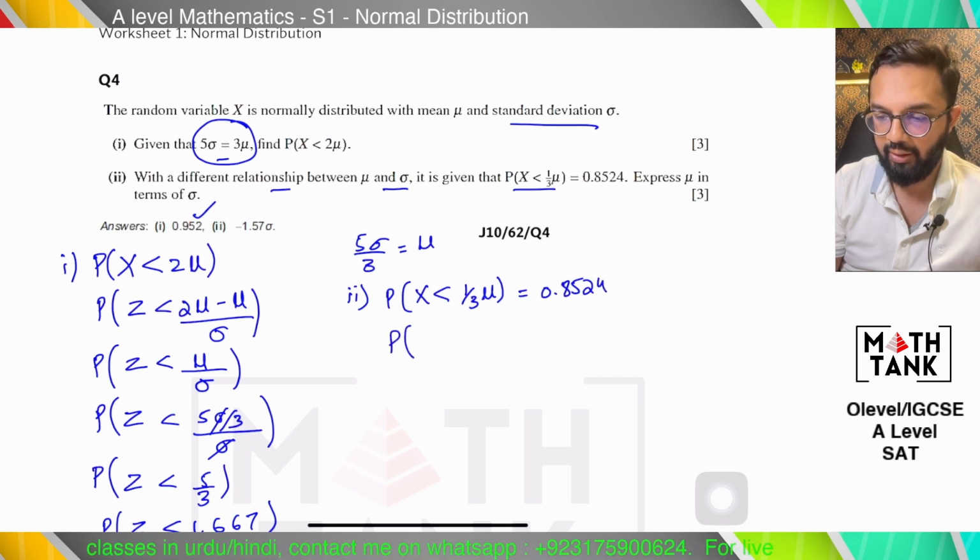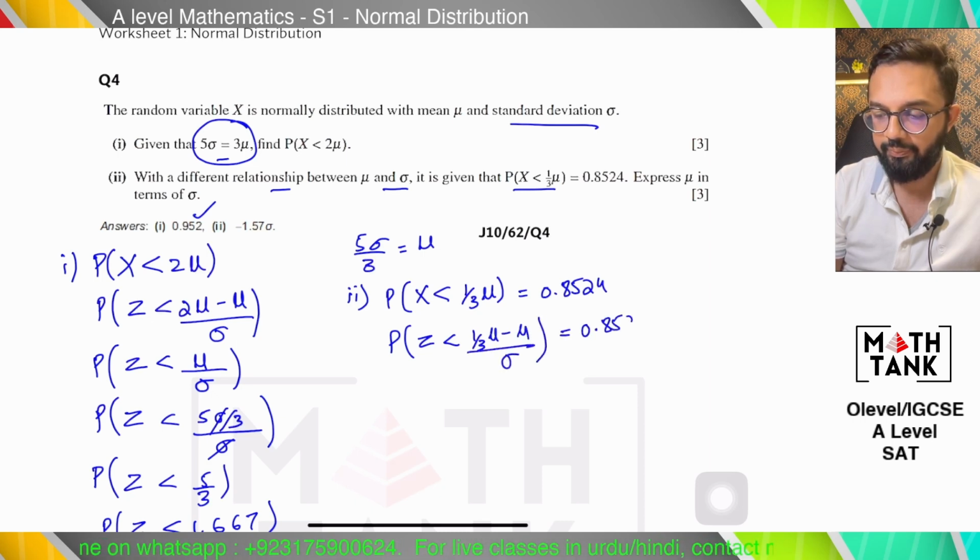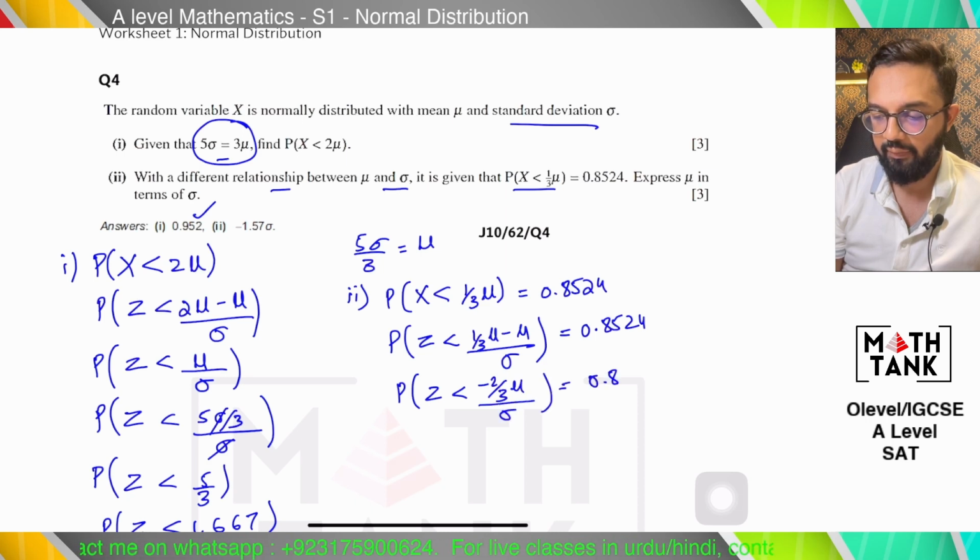It's not the same as the one above. Z: 1/3 mu minus mu over sigma equals 0.8524. Probability of z less than minus 2/3 mu over sigma equals 0.8524.